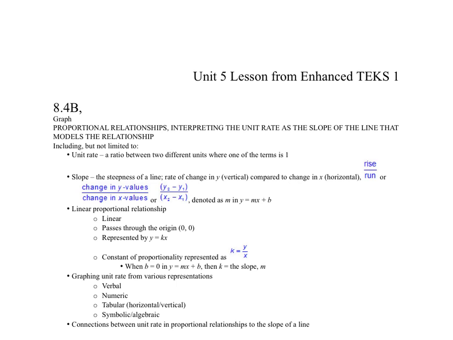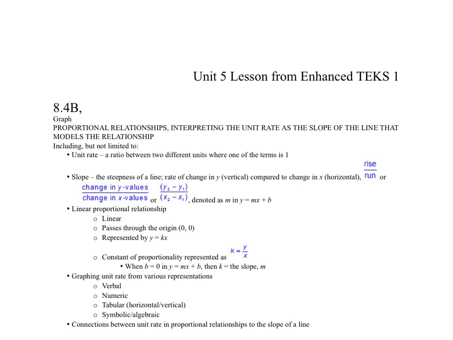So what I want to do today is introduce you to Unit 5, 8.4b as we get into proportional relationship, interpreting the unit rate as slope of a line, and then model this particular relationship.